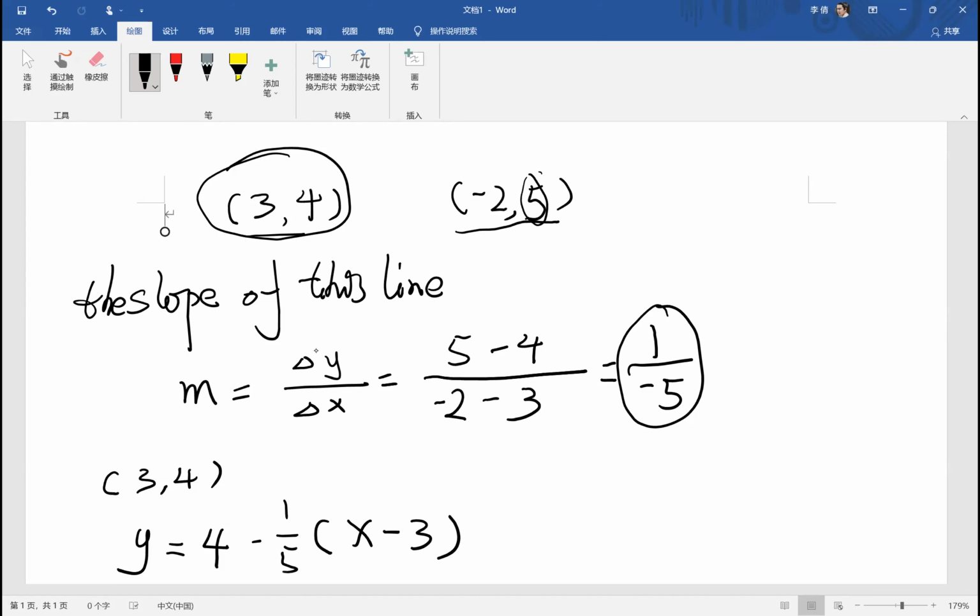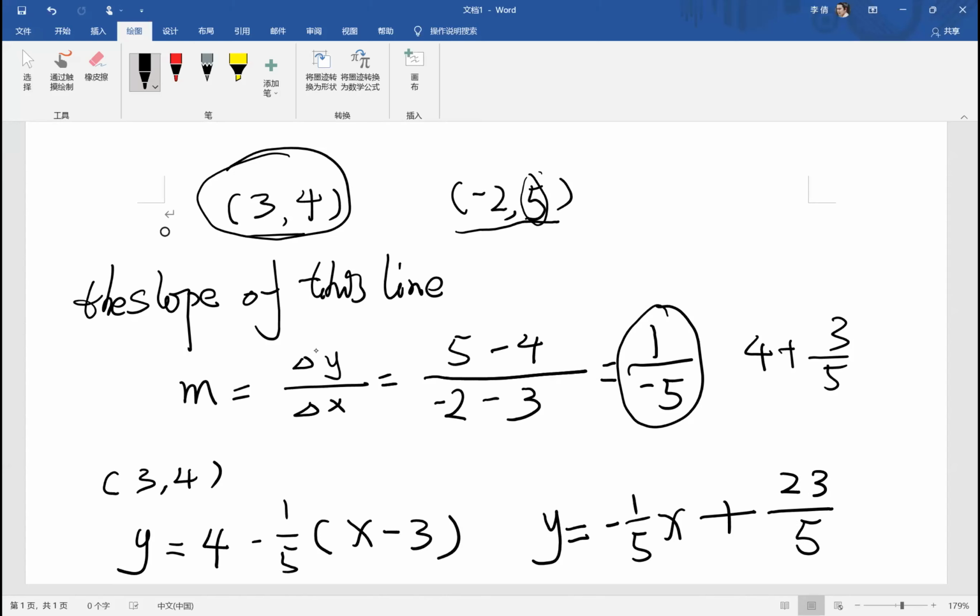And then we can write this equation as y is equal to -1/5 multiplied by x, plus 4, plus 3/5, which will be equal to 23/5, right?